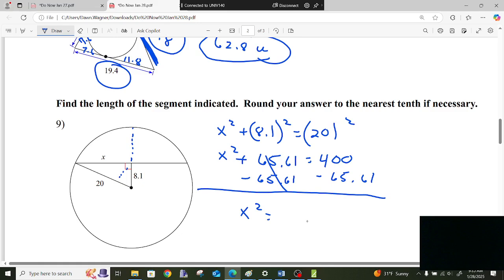What is 400 minus 65.61? What is it? 334.39, and then take the square root of this, and that will give you your answer.